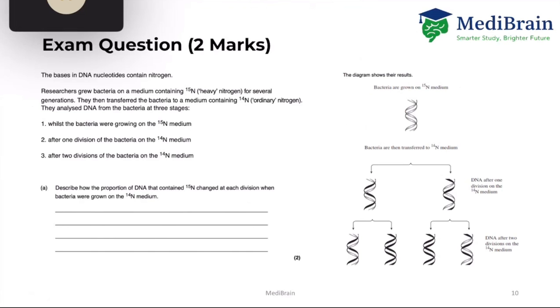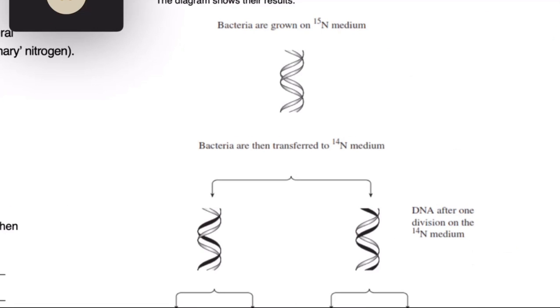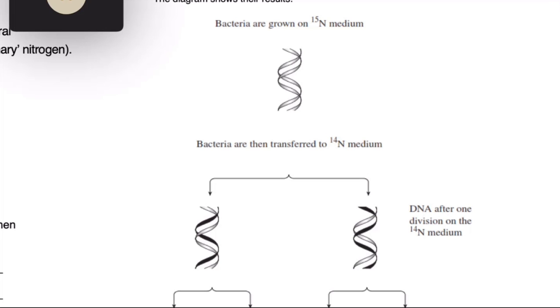Okay, it says describe how the proportion of DNA that contained 15 nitrogen changed at each division when bacteria were grown on the 14N medium. So over here we had 100% of bacteria with 15N. Both of these strands are 15N.